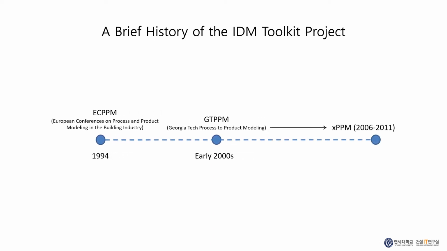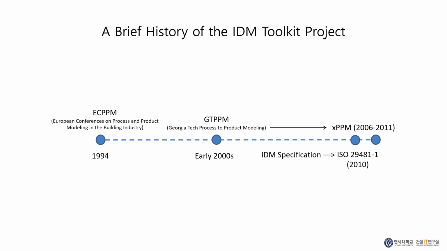Later it became XPPM, Extended Process to Product Modeling, which was developed from 2006 to 2011. In the late 2000s, Jeffrey Wix and Nick Nisbet saw the importance of having a formal process of defining an IDM.